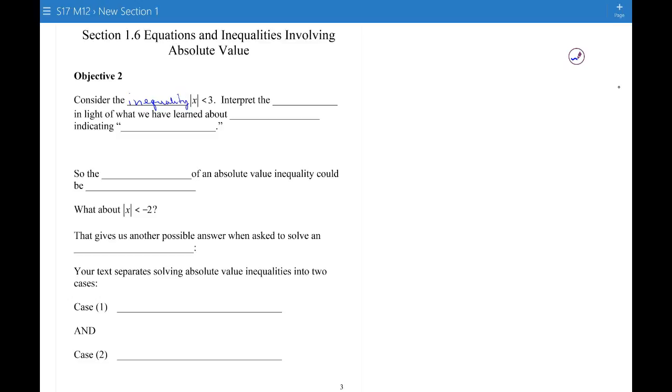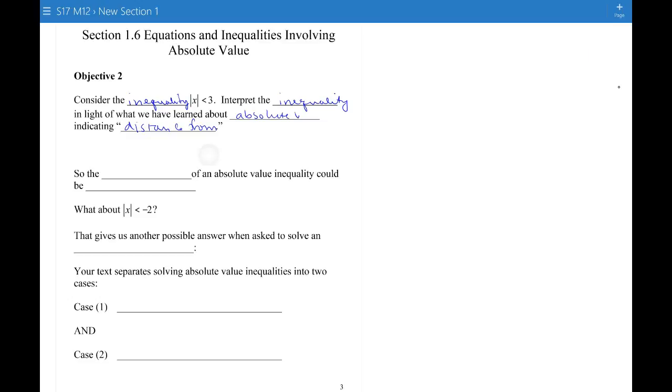Okay, so the equations aren't too bad, but now let's consider the inequality. The absolute value of x is smaller than 3. And let's interpret this inequality in light of what we learned about absolute value indicating distance from something.